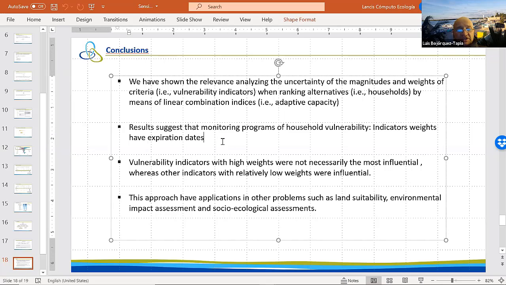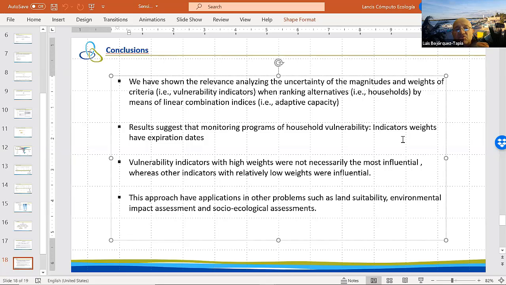What I'm trying to say, to provoke thinking, is that you should always consider reevaluating and reweighting your criteria given the particular context you're living in. And of course, you can make the comparison that we did just to understand what's going on in the community.